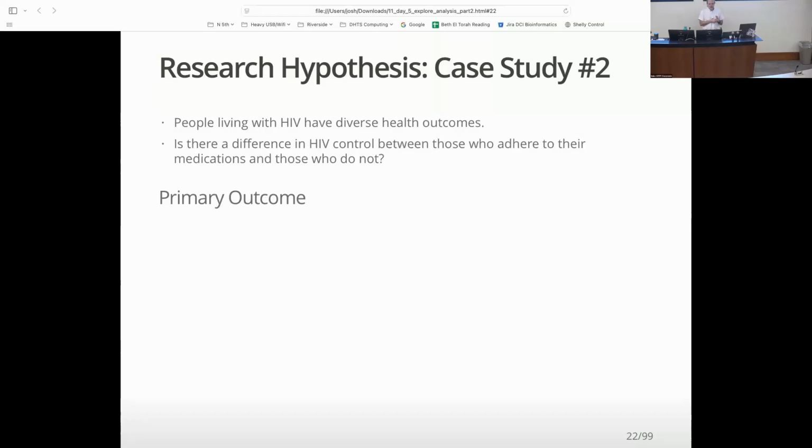The way that I've phrased it, it's worth thinking that medication adherence is actually going to be an effect on something else. And so that might not be our primary outcome.